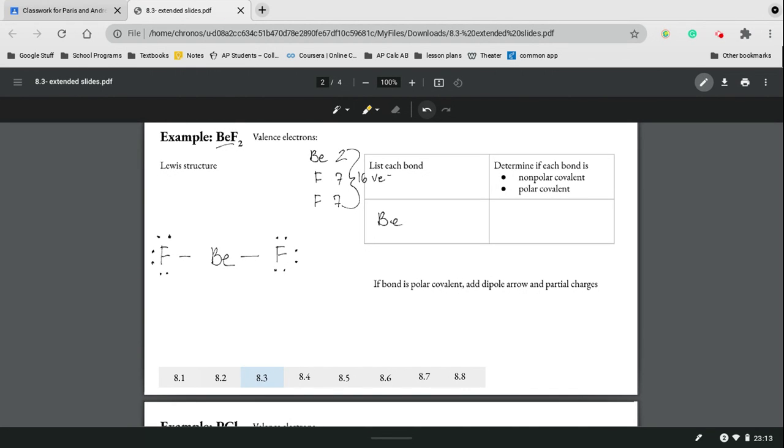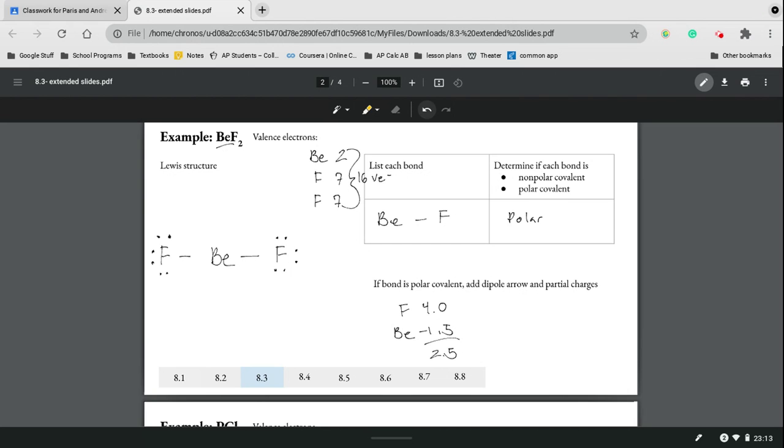So the bond here is beryllium to fluorine, and the electronegativity of fluorine is 4.0, and that of beryllium is 1.5, and that difference is 2.5, which is very much so on the polar part of the spectrum.